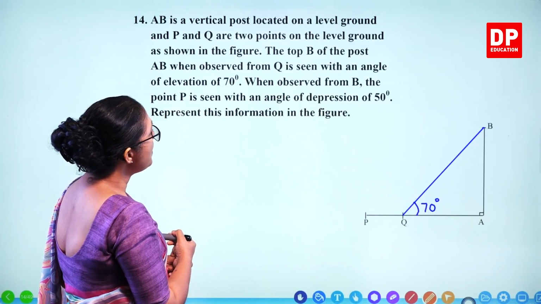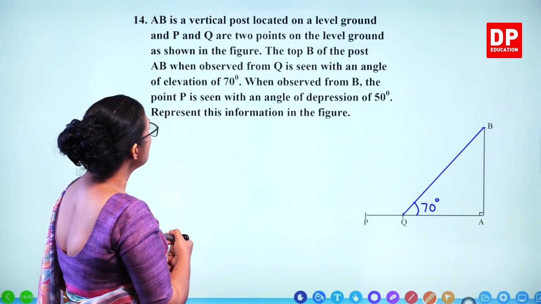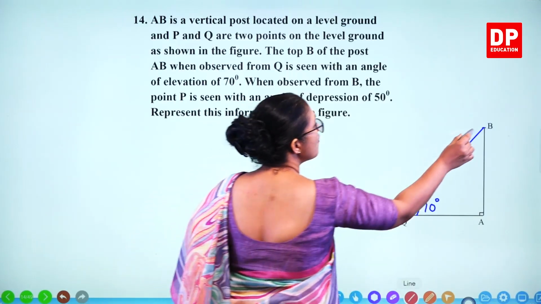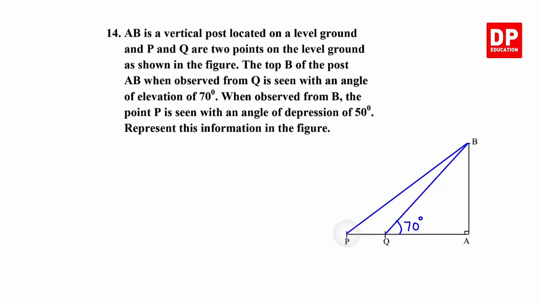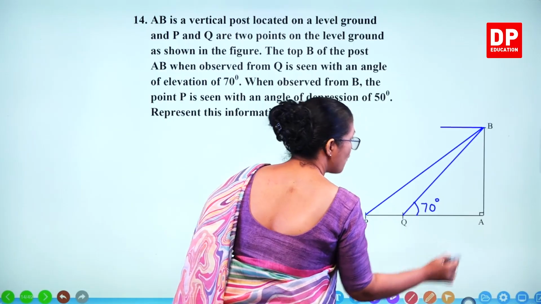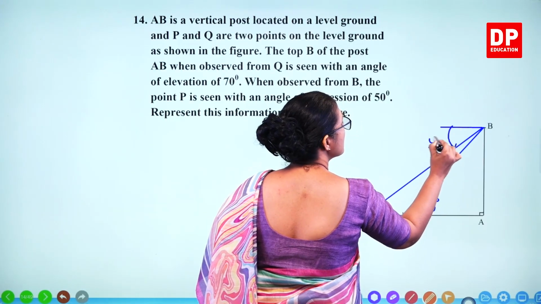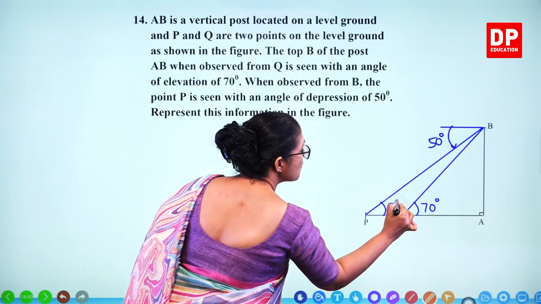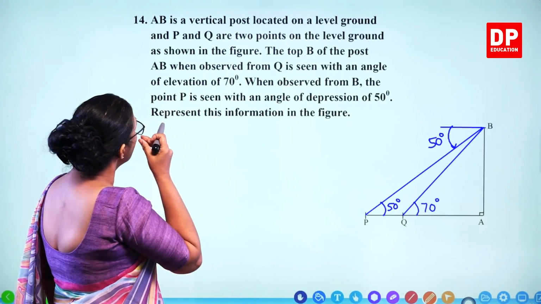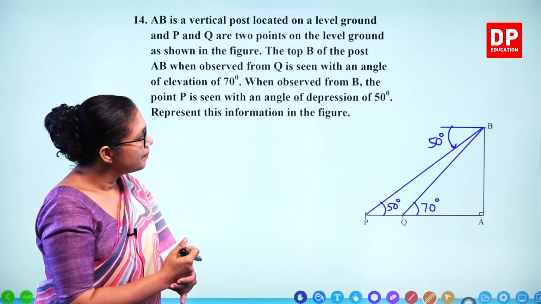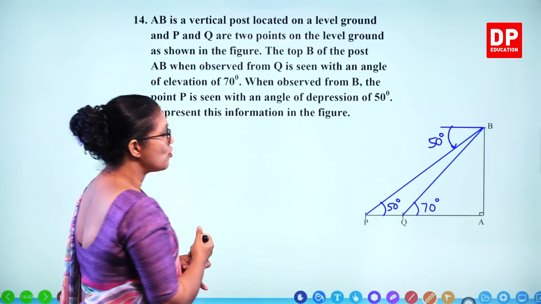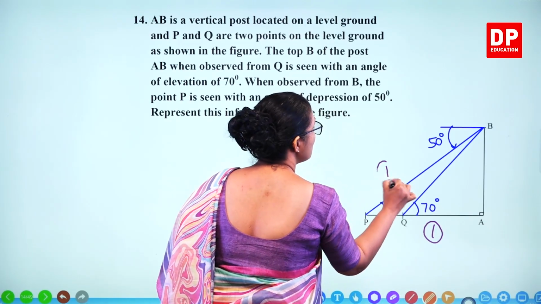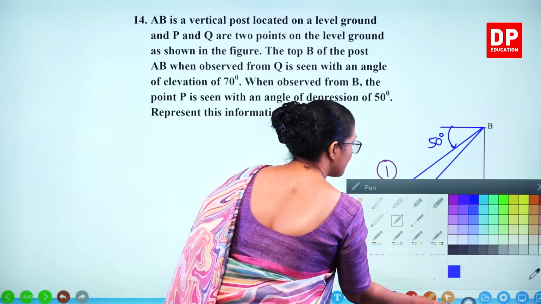When observed from B, the point P is seen with an angle of depression of 50 degrees. When you draw the horizontal line, angle of depression means this is 50. Or you can mark this is same as this. So this is 50. Represent this information in the figure. So that's what you have to show. So you get 2 marks showing angle 70 and 50, 1 mark each.